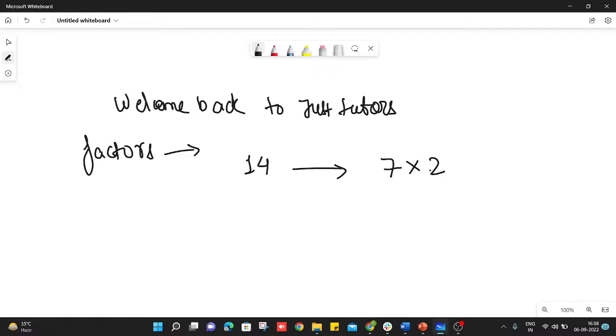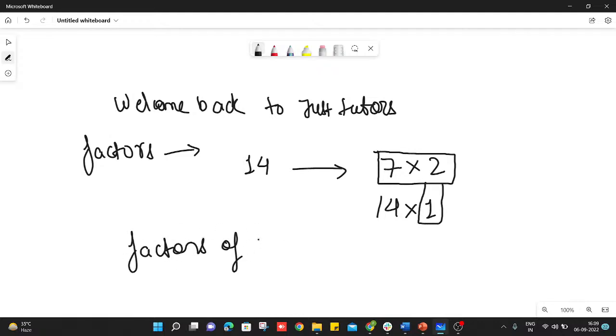What else is 14? Can we multiply any two other numbers to get to 14? What we can do, we can multiply 14 and 1. So 7, 2 and this 1 are its factors. 7, 2, 1.